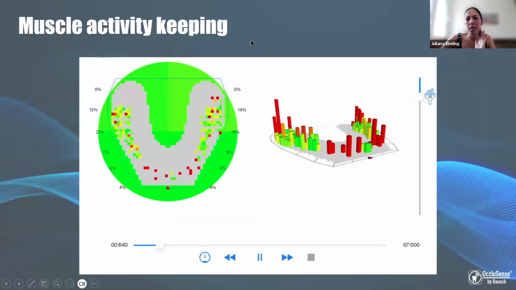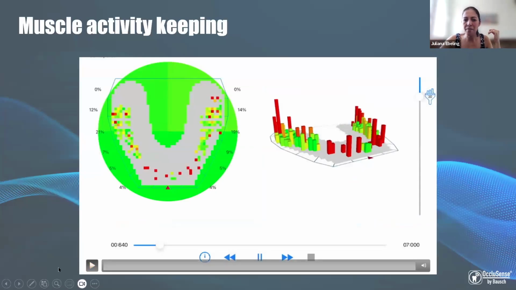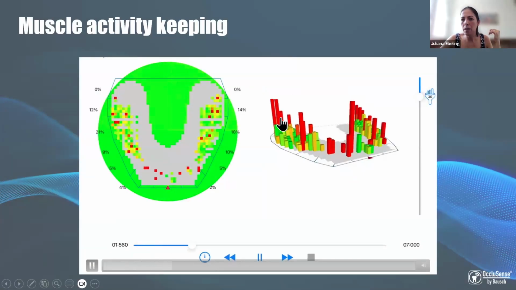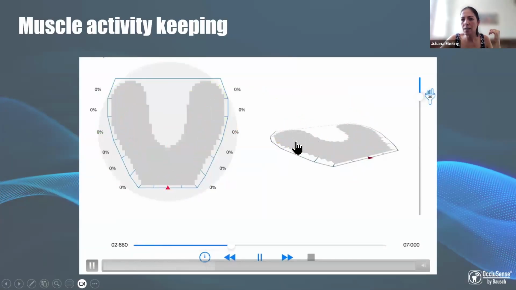And another point is, look here on this graphic that this contact doesn't keep the same intensity all the time. Why do we have this? Look, I have the contacts happening, but look here that the contacts vary their intensity.